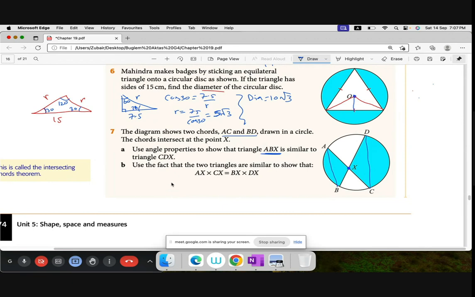So first of all, I'm saying that angle BAX is equal to angle CDX, because angles in the same segment are equal. Would you agree? Yes. And then angle BXA equals angle CXD because they are vertically opposite. Correct.